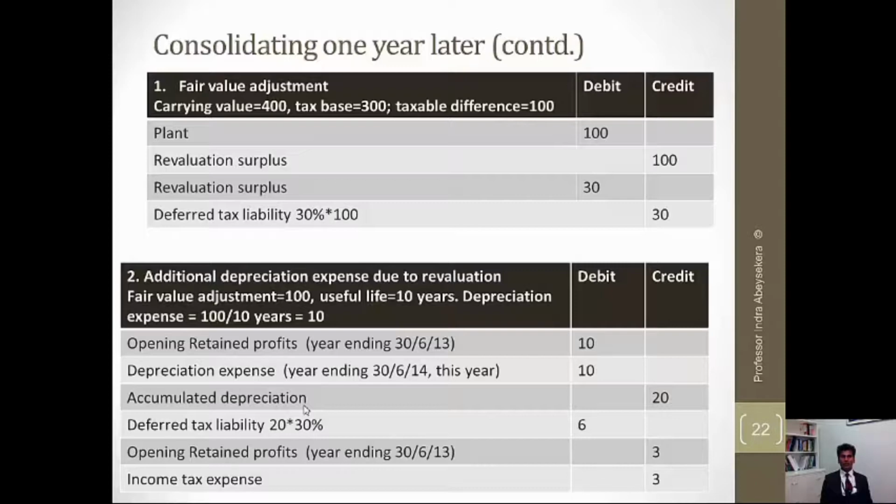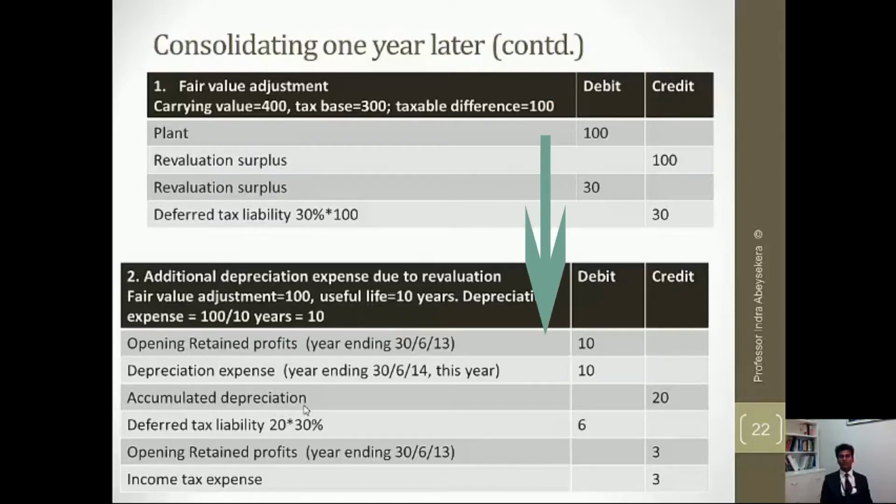Because the plant was revalued about 2 years ago, that amount of 100, which is not recorded by the subsidiary, recorded by the economic entity only, must be depreciated by the economic entity or the group.